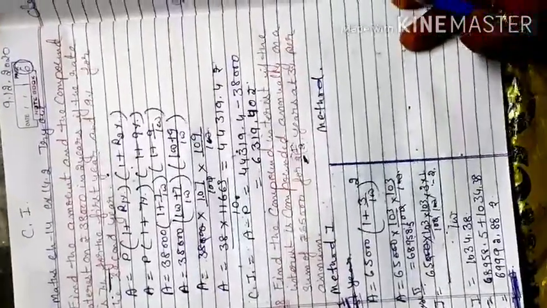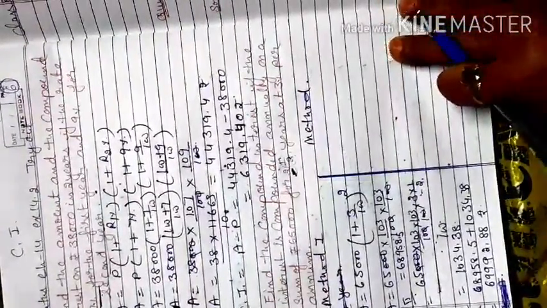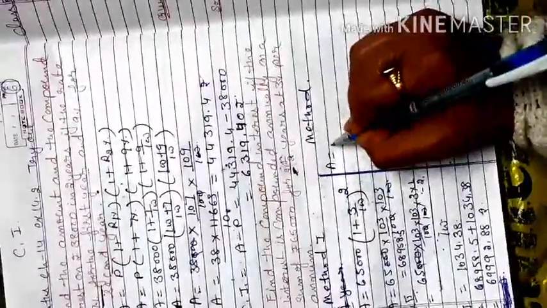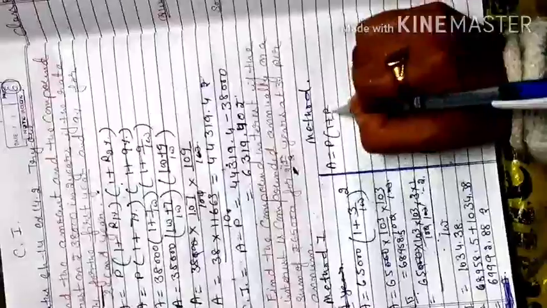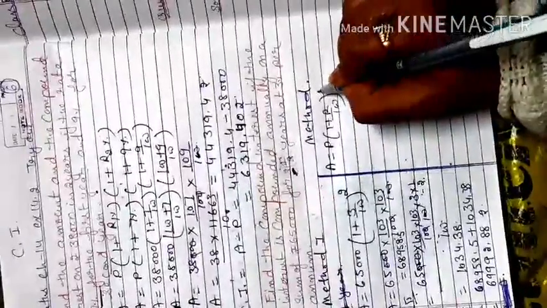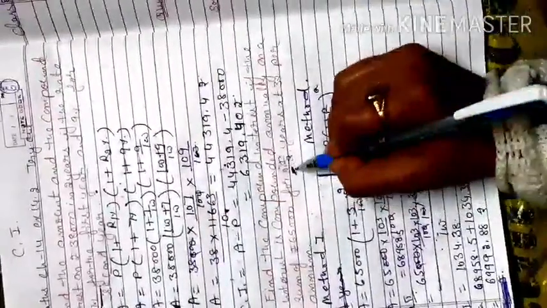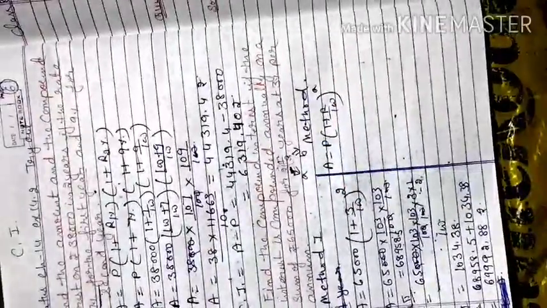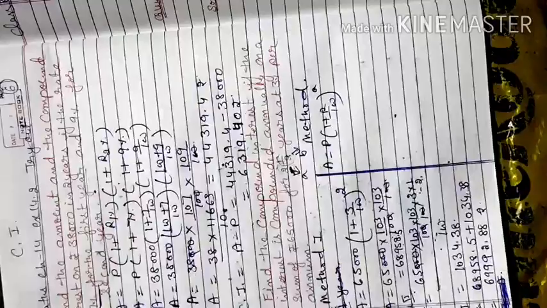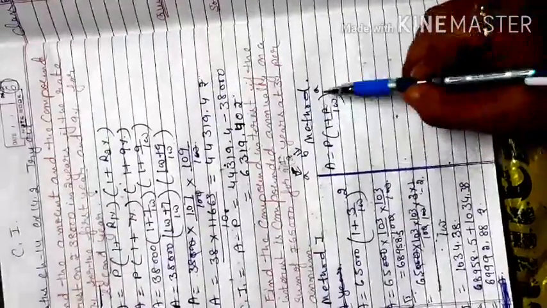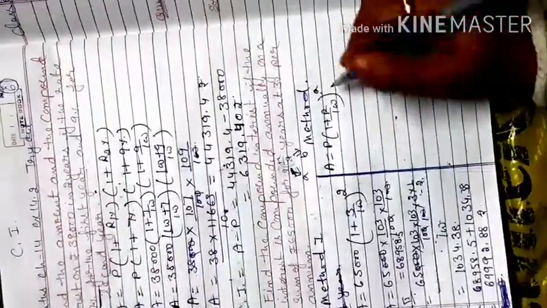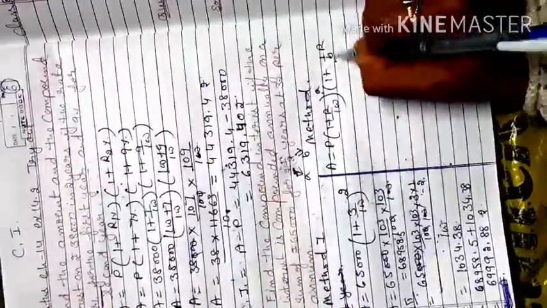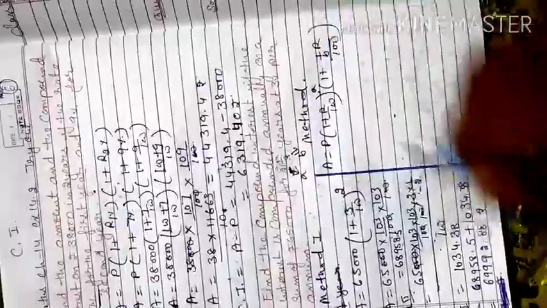But in the second method, if we go with the direct formula, our formula says that amount equals principal into (1 plus r by 100) raised to A, where A means your complete years, and this half year is represented as B. So 1 plus r by 100 is for the complete year, and 1 plus 1 by B of r by 100 is for the next incomplete year.